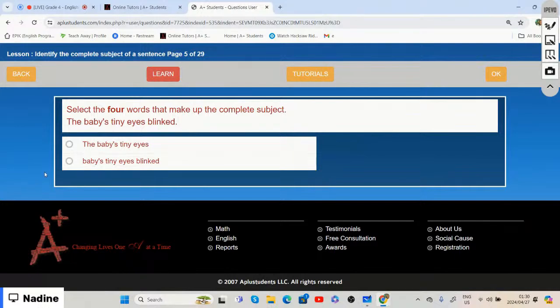Remember, usually our subject is at the beginning of the sentence, right? We're starting with the. So is it the baby's tiny eyes or just baby's tiny eyes blinked?